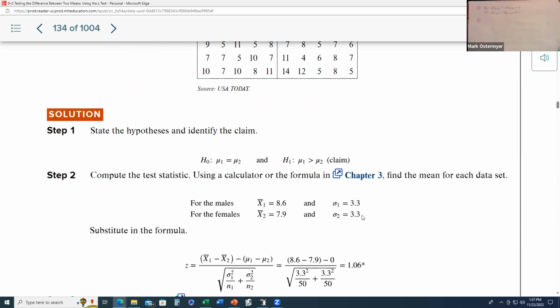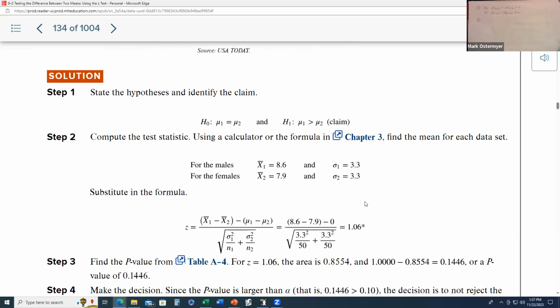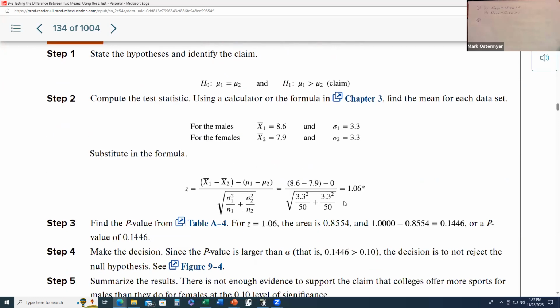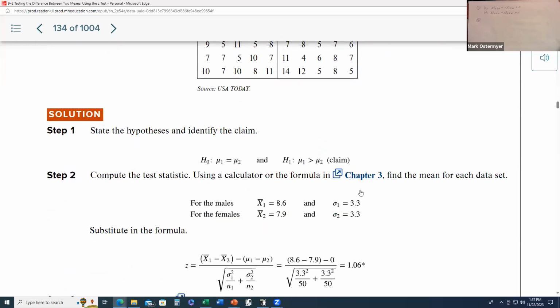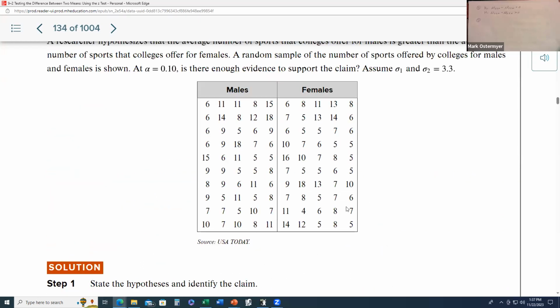Standard deviations in the populations, of course, were given to us as 3.3. And you would conduct your hypothesis test. Now, I have a question here. What would be the only difference in how we would conduct this hypothesis test, the p-value method on our calculator, if we used the raw data as opposed to already computed sample statistics? We would not select Stats.